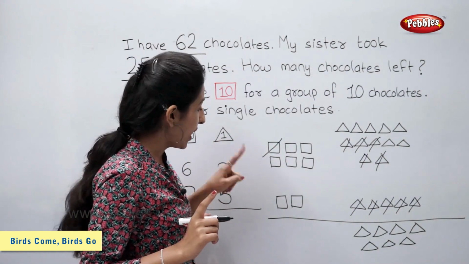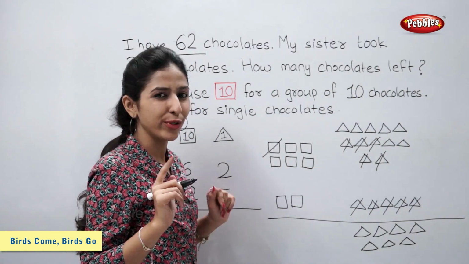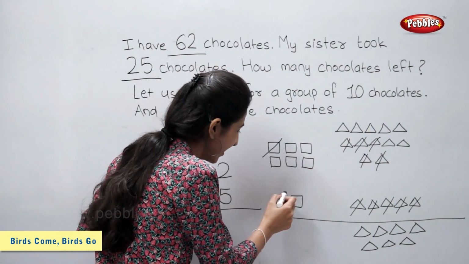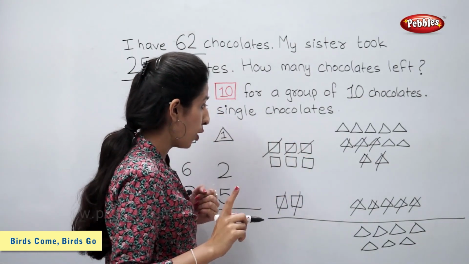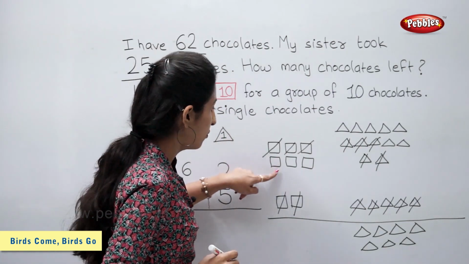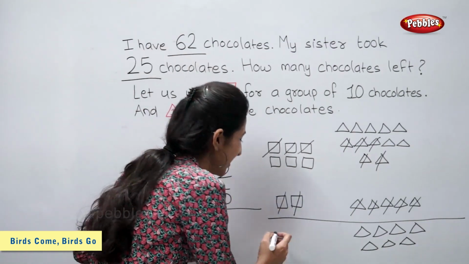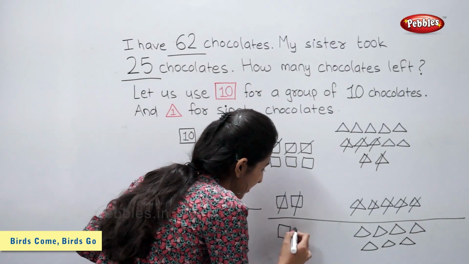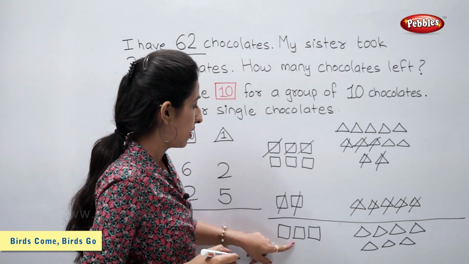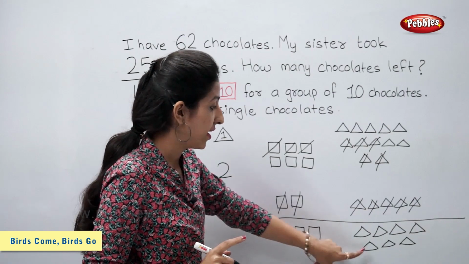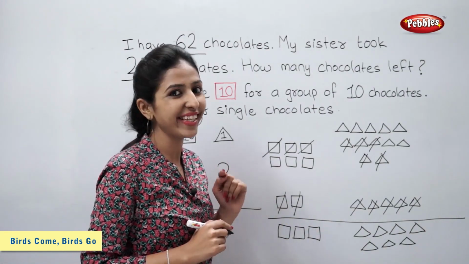We have to take away 2 squares from these 5 squares. So, let's take away 1 and 2. Now, we are left with 3 squares. 3 squares, 7 triangles. So, the number is 37.